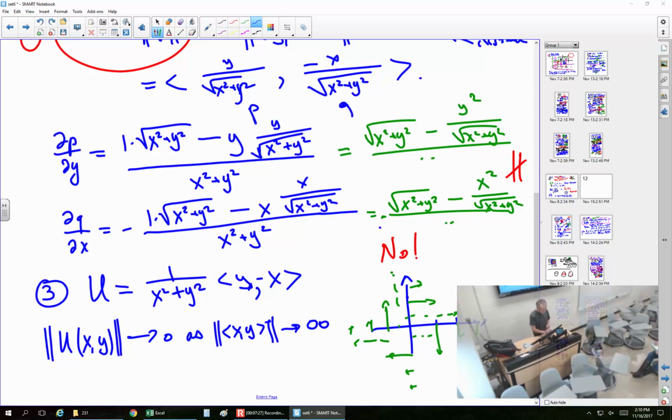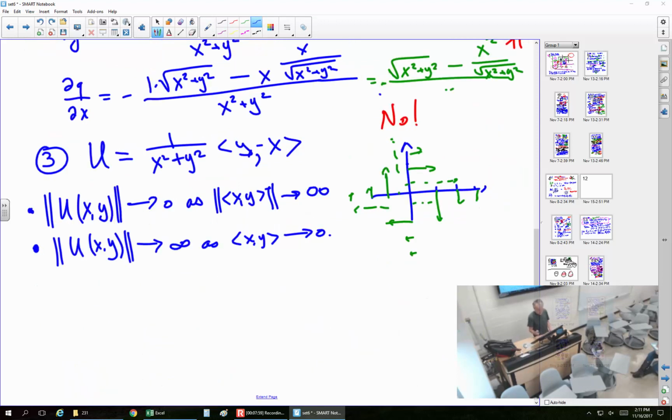And on the other hand, number two, if we're moving towards 0, the magnitude will go to infinity. So you will be going faster closer to the origin, really faster and faster and faster. But it's still purely rotational, so it's not a whirl. I just say xy goes to 0. Okay, so these are the two facts.